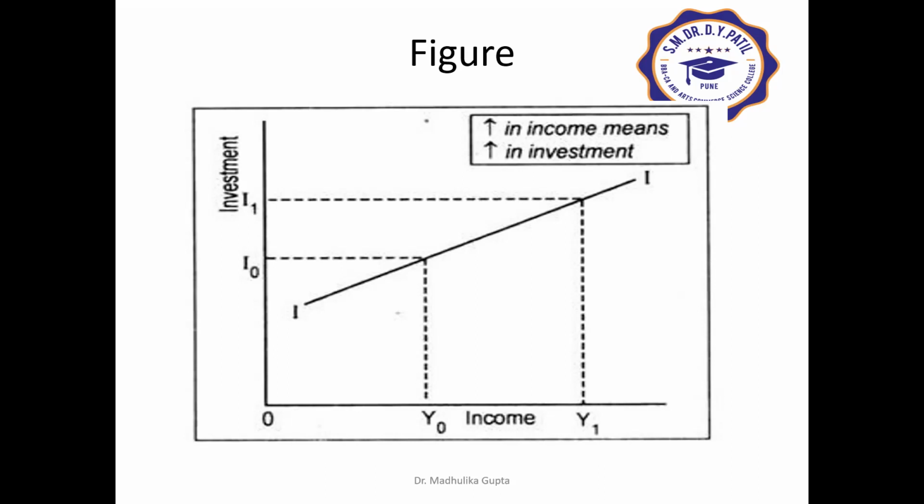Just observe what I am telling you. The arrow indicates that income and investment are rising. So this investment that is income elastic is called induced investment. That is, if your national income is rising, induced investment rises, and if national income is reducing, your induced investment reduces. You understand? So it is income elastic.